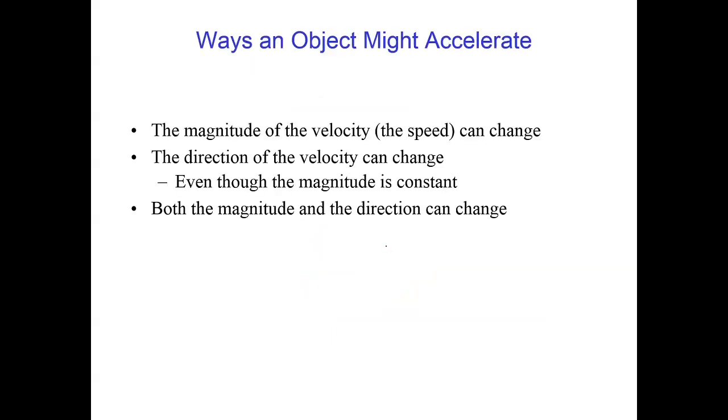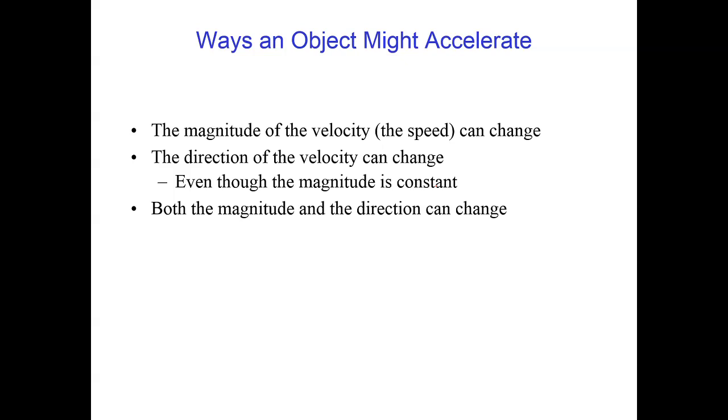So now that we've moved to 2-dimensional motion, it's worth revisiting the different ways that an object can accelerate. So the magnitude of the velocity can change. So our first one here. That just means our object can speed up or slow down, so both are examples of acceleration. The direction of the velocity can change as well, and even if the magnitude of the velocity stays the same, then the object is still being accelerated.